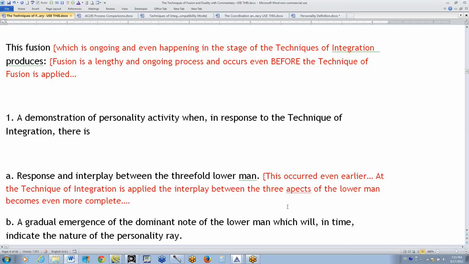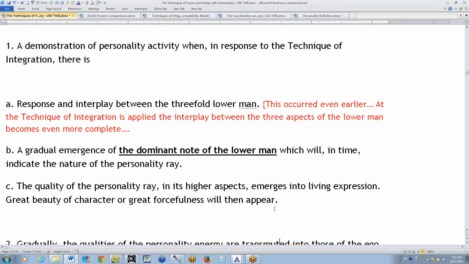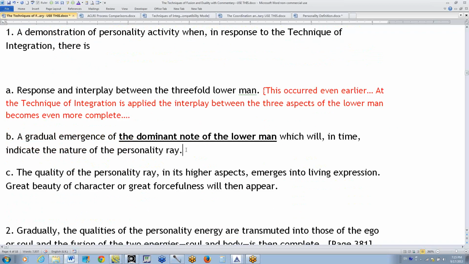I guess we can safely say that. A gradual emergence of the dominant note of the lower man, which in time indicates the nature of the personality ray.